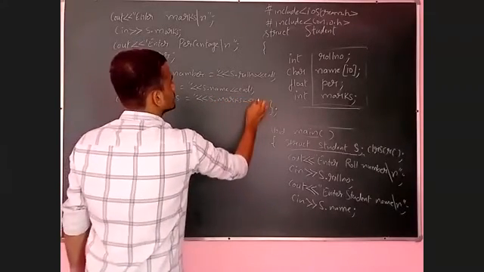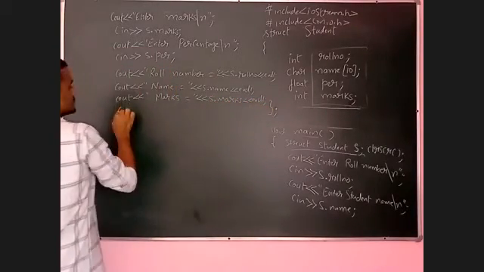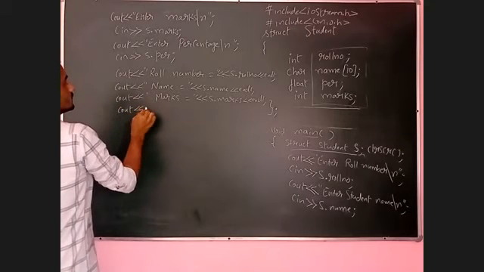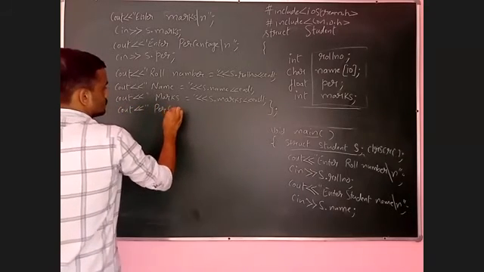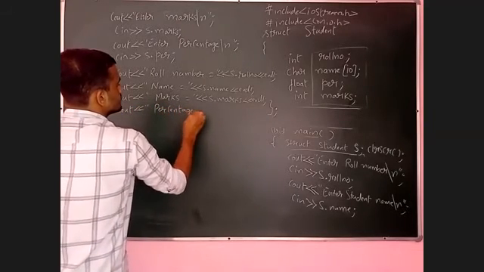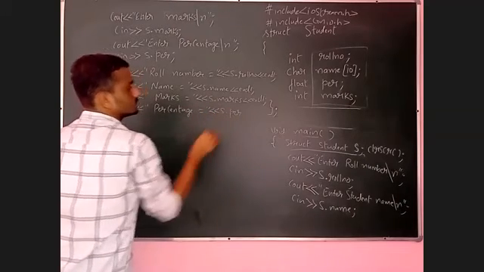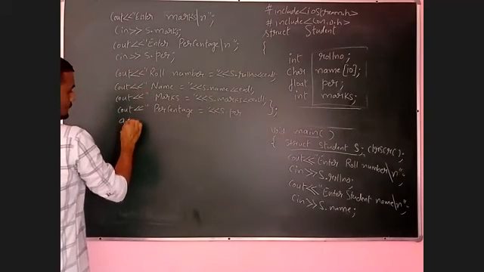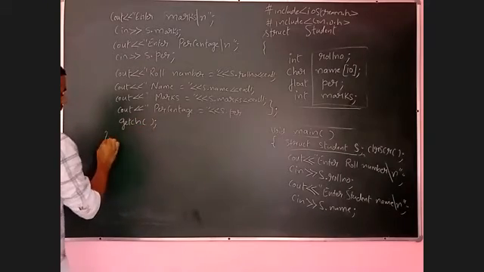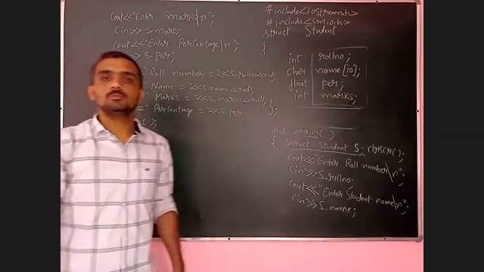And then the last one, cout percentage equals s dot pr. So this is the end of the program.